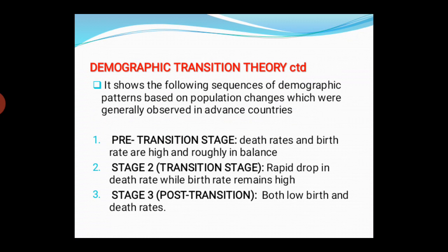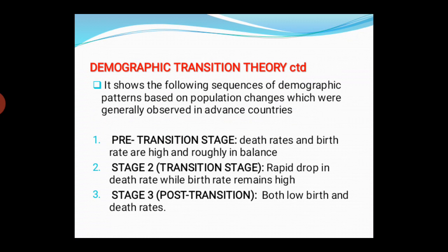Because of this development, there was improved public and private health. People now have better diets and higher incomes, and this leads to an increase in life expectancy and a reduction in mortality rates. So you must know that stage 2 marks the beginning of demographic transition.